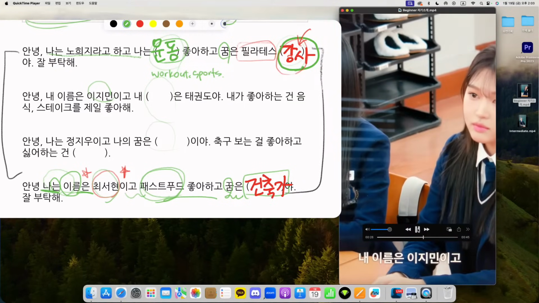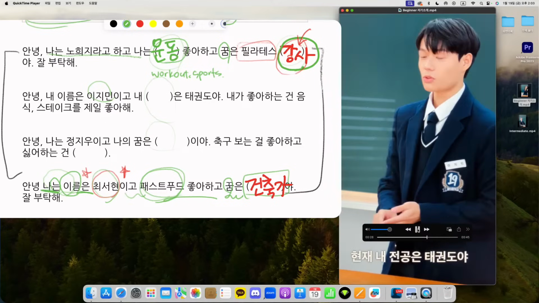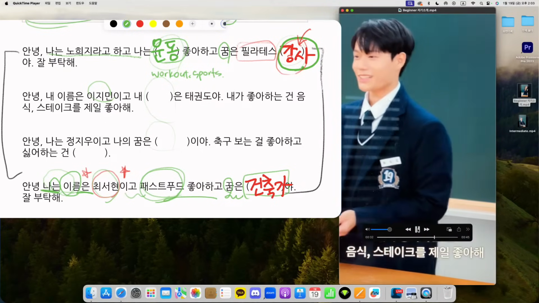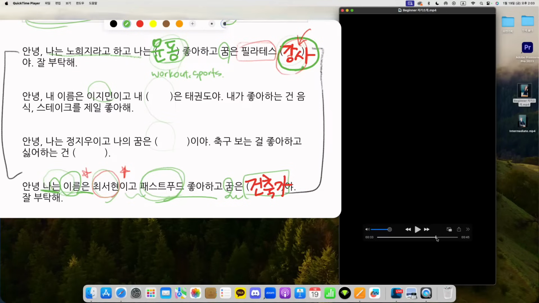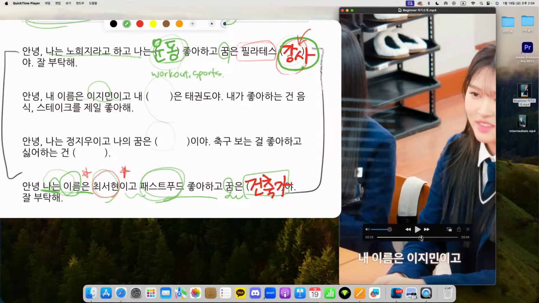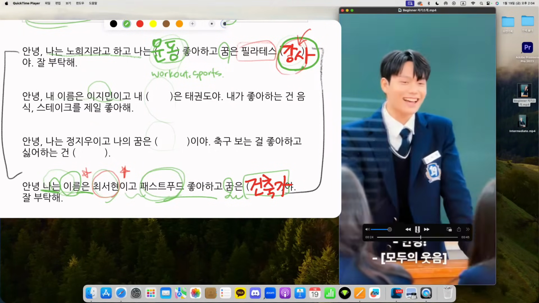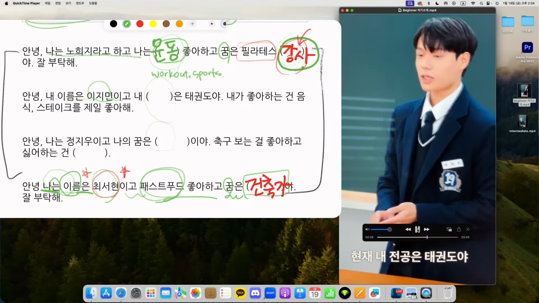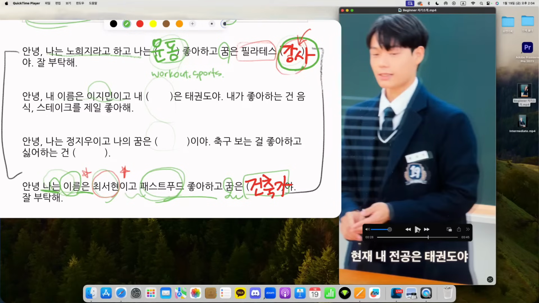내 이름은 이지민이고 현재 내 전공은 태권도야. 내가 좋아하는 거는 음식. 스테이크를 제일 좋아해. So, did you guys hear what his major was? 현재 내 전공은 태권도야.